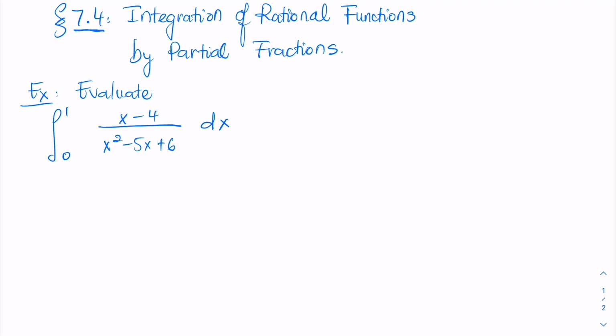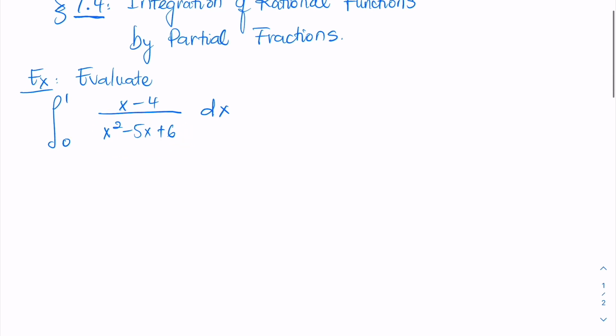For this problem, we have to use the method of partial fraction decomposition. So you can see right here, we have a trinomial. So we're going to have to rewrite and make this fraction into two different fractions, so it's going to be easier for us to integrate. So the method, like I said, we have to use partial fraction decomposition.